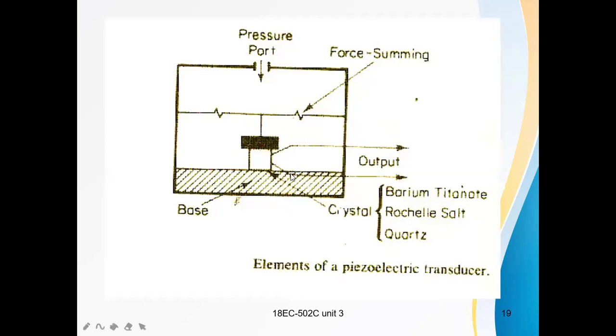This is the solid base, and there is a pressure pot, and the pressure will be applied from this point, and there is a force summing network. Then the output is taken at this point. So what is this crystalline material? It may be either quartz or Rochelle salt or barium titanate, any one of these materials.